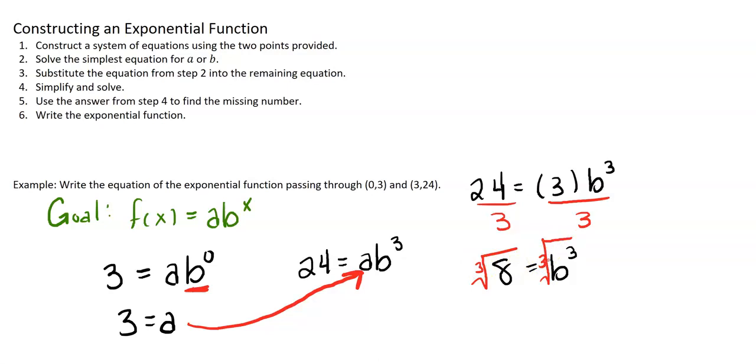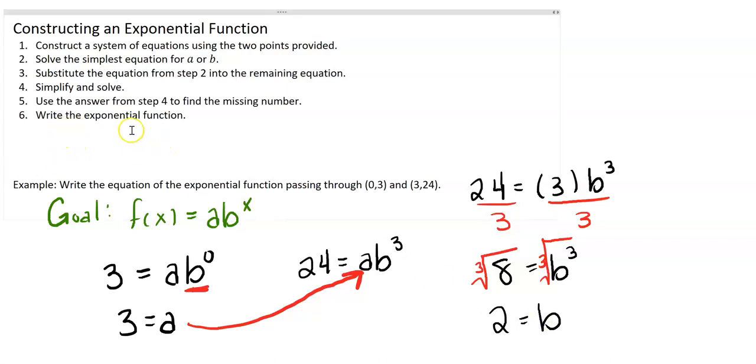So the question becomes, what can I multiply 3 of to get 8? So it has to be 3 of the same number, so 2 times 2 times 2. So that's 3 2's. That should get me 8. So in our case, b is just 2.